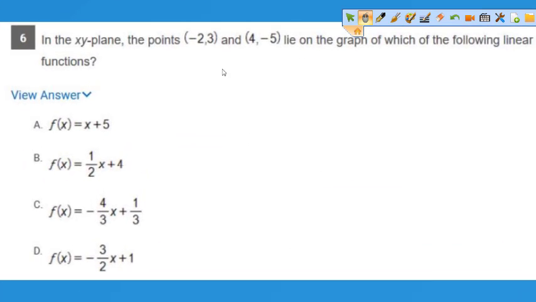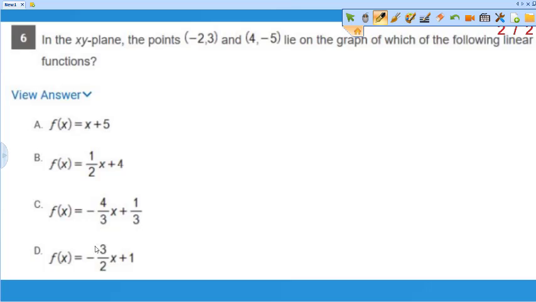Okay, if it's given 2 points, how would you determine which equation represents these 2 points? It's easy. Same idea. Different slope, I can get slope directly. How would we get slope? -5 minus 3 over 4 minus -2.